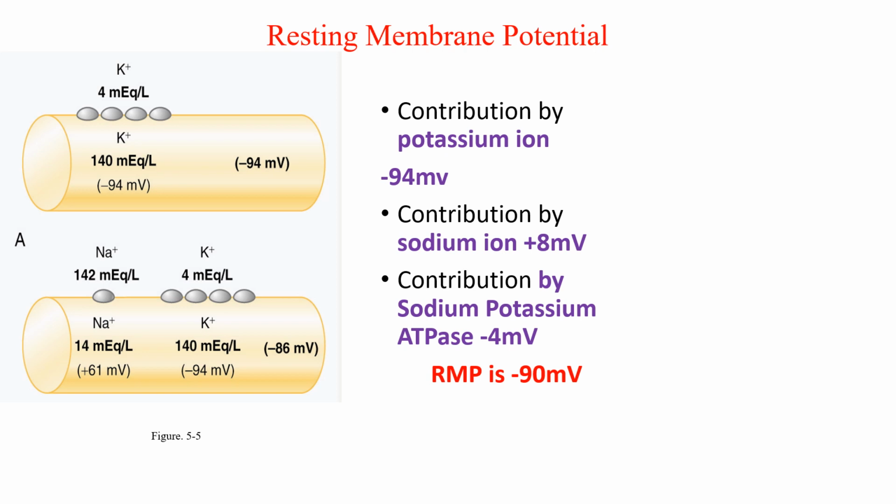Since we know sodium and potassium are the important contributors of resting membrane potential, when sodium is +61 millivolts and potassium is -94 millivolts, we get a contribution of -86 millivolts from both of these ions, and then a contribution of -4 millivolts from the sodium-potassium ATPase pump. If we sum up all these things, we get a resting membrane potential of -90 millivolts for a neuron.